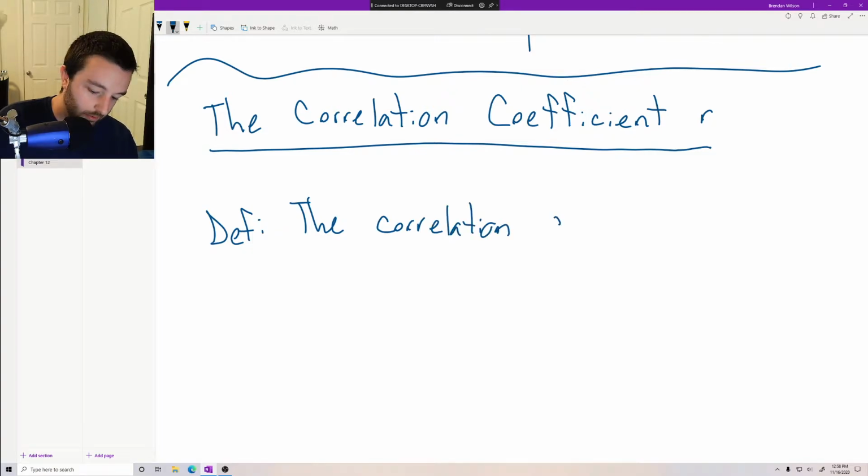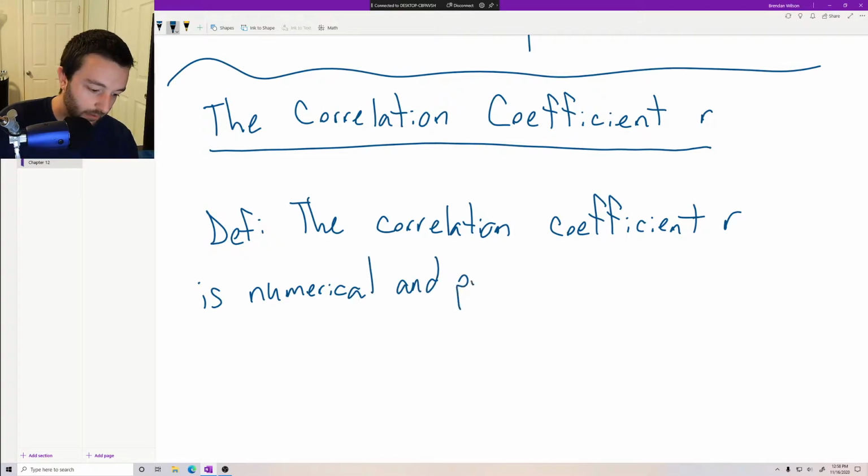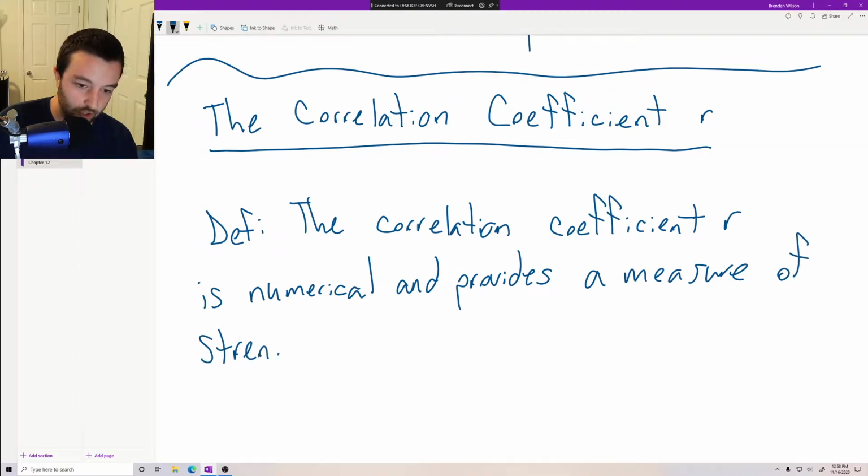Correlation coefficient r is numerical and provides a measure of strength. Like I said, how strong the relationship is. And direction.